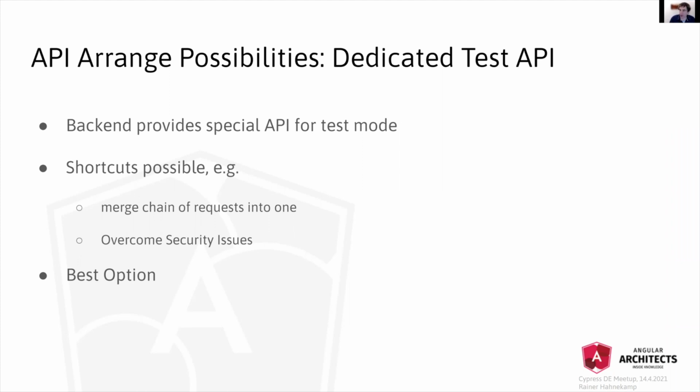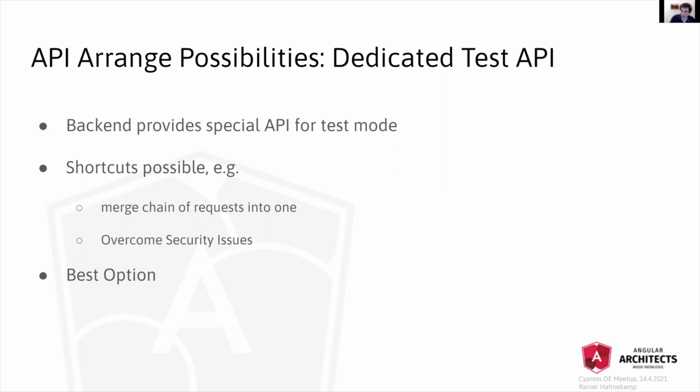If you think of a user registration, in this case here, you see that after the sign-up process, I'm activating the account by using a code. Usually what you can also have is that the backend is sending an email which contains an activation link. You don't have a chance to get to this activation link because you would have to write a test that is connecting to some kind of SMTP server and so on.